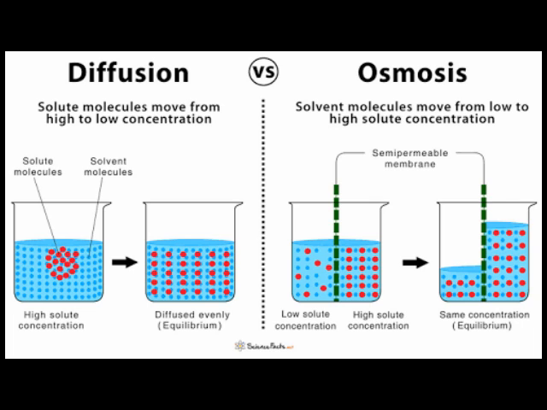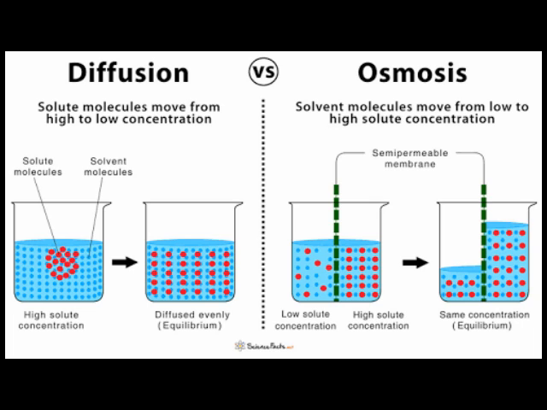In osmosis, we have to keep a semi-permeable membrane between the low solute concentration area and the high solute concentration area, so that solvent molecules move from the low solute concentration area to the high solute concentration area.